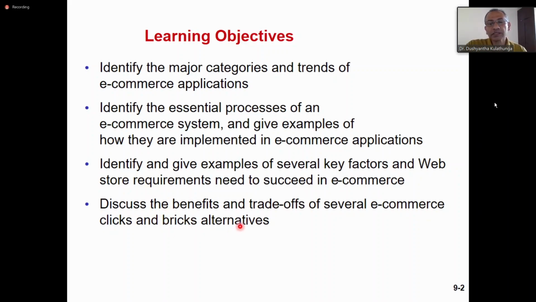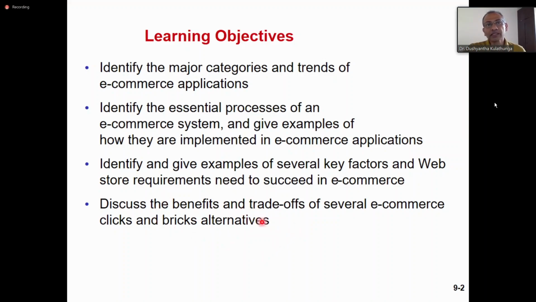Now, when it comes to e-commerce businesses, an organization can use e-commerce in association with the traditional business environment. There are several options available for organizations. They can go for a pure e-commerce type business, or they can use a combination of electronic commerce operations along with the traditional business operations.